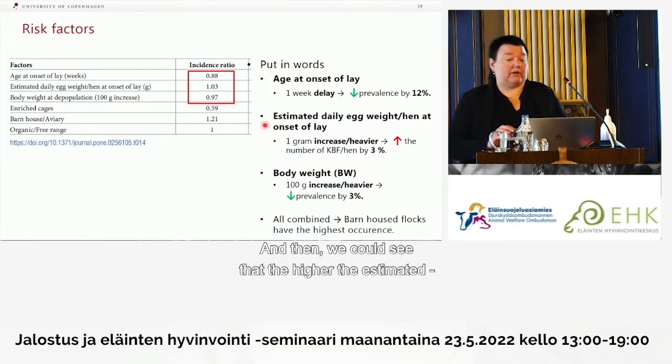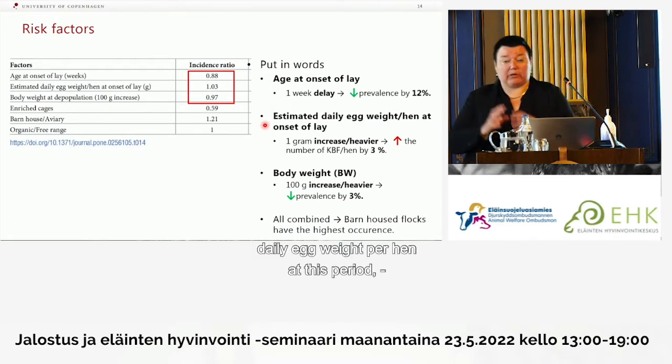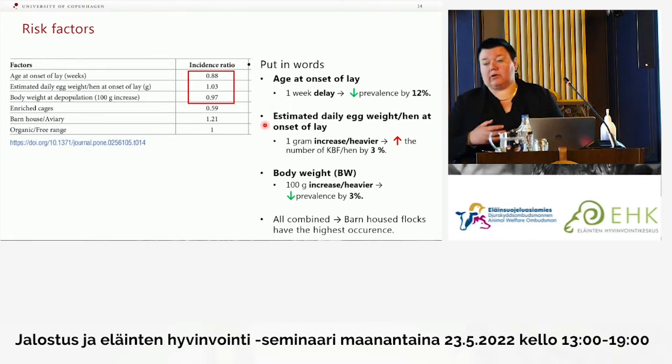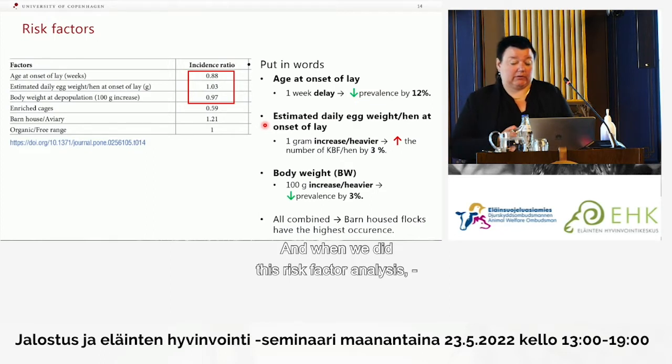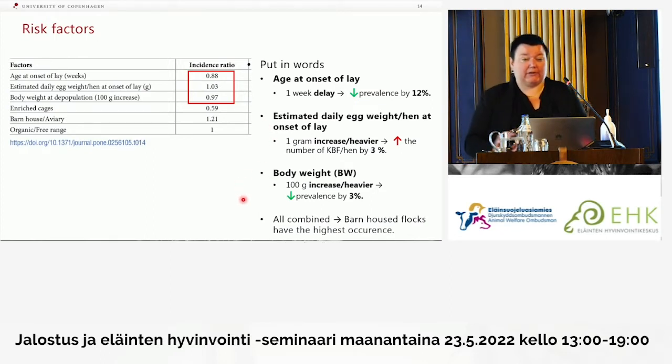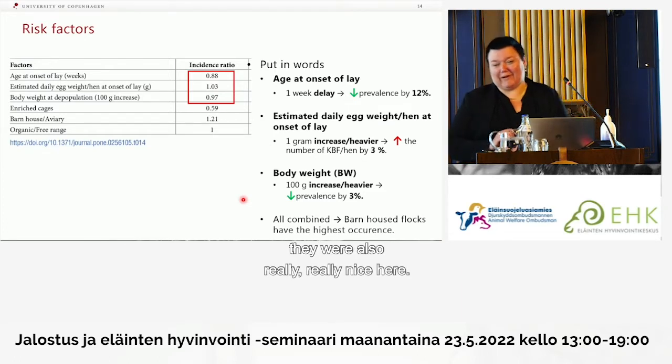And then we could see that the higher the estimated daily egg weight per hen in this period, the more it would increase the prevalence. And lucky for us, when we did this risk factor analysis, you saw the nice figures for body weight, and they were also really nice here.